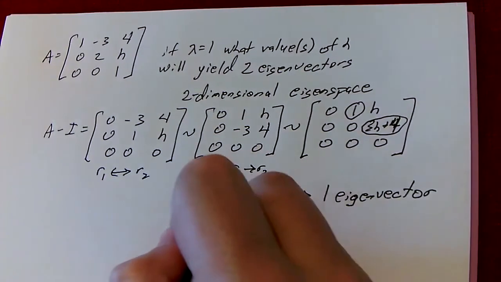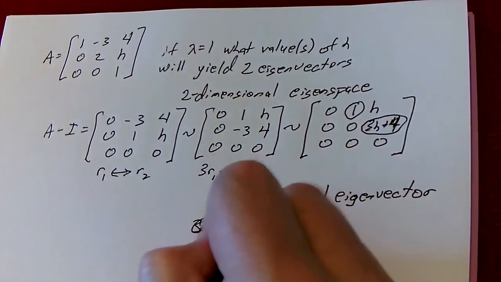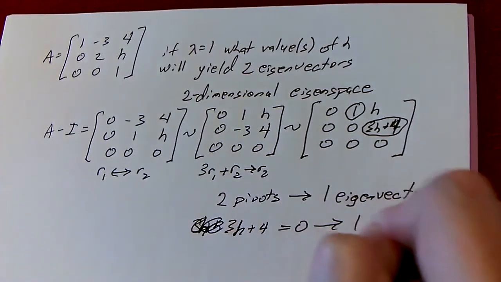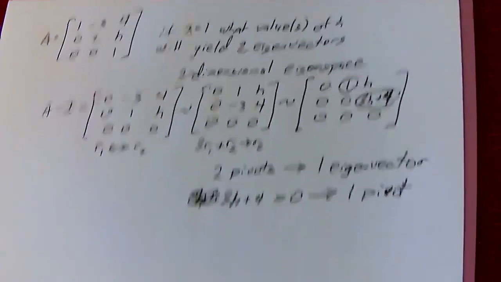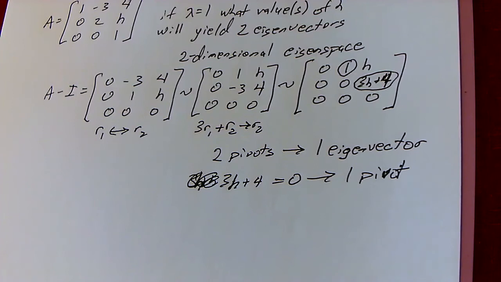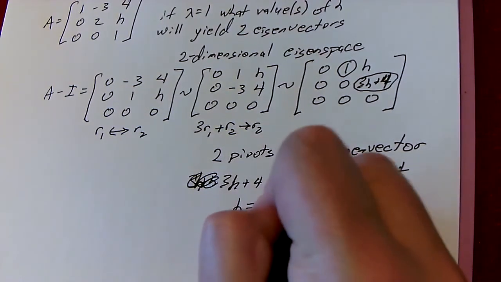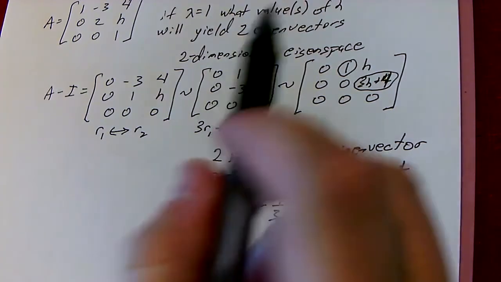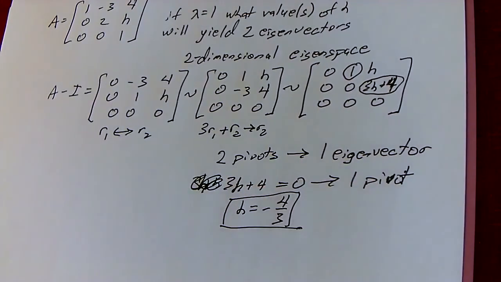But I could take 3H plus 4 and set it equal to 0 and get 1 pivot. So if 3H plus 4 is equal to 0, then H is equal to negative 4/3. So I get a 2-dimensional eigenspace when H is equal to negative 4/3.